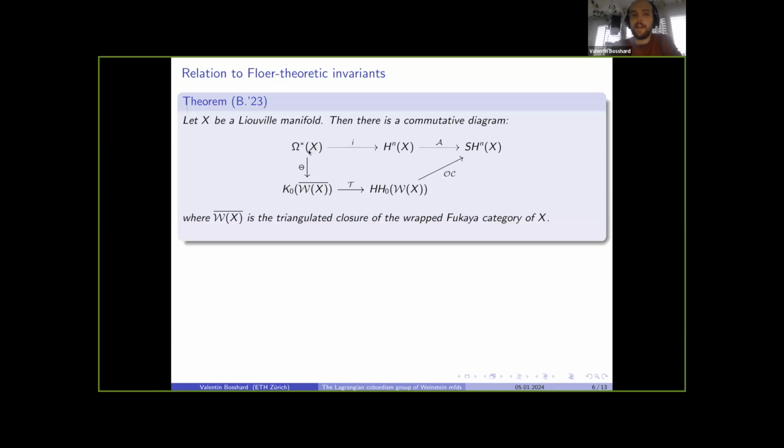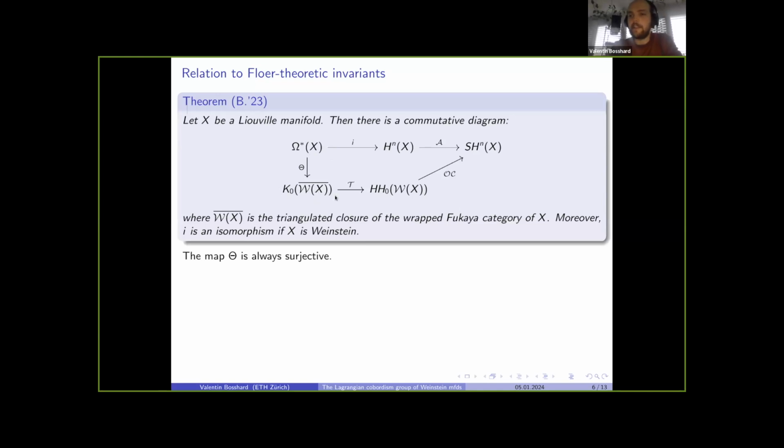Because both of these groups are generated by the Lagrangian submanifolds, and all cobordism relations induce relations in the Fukaya category, this map is always well defined and surjective. So you might wonder, is this map always an isomorphism?